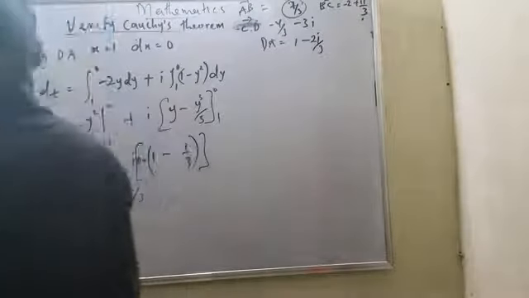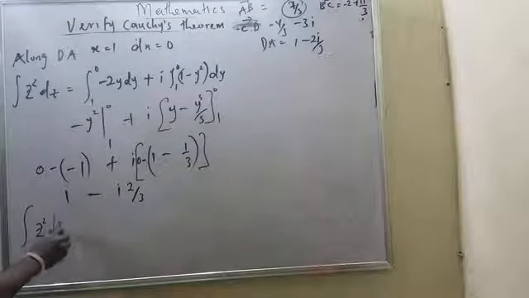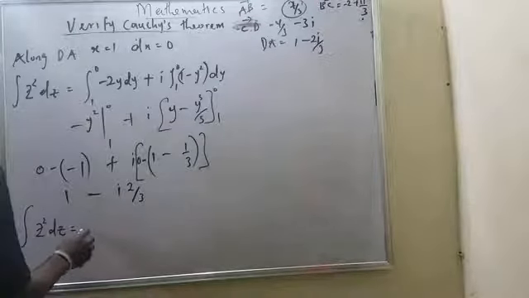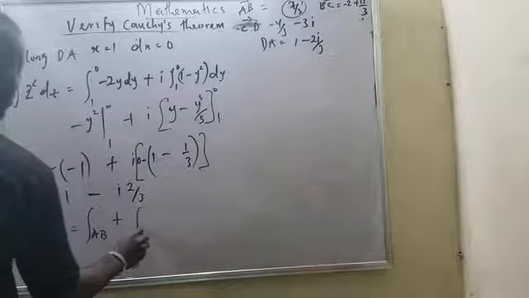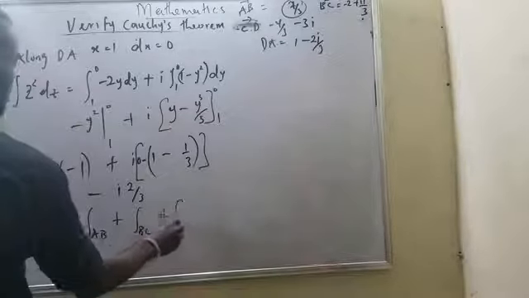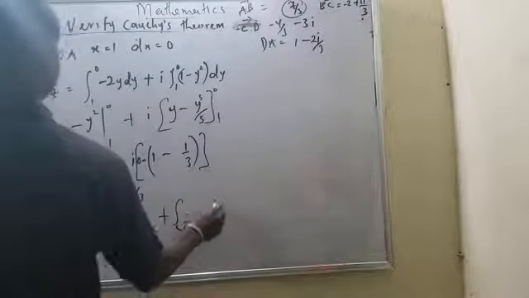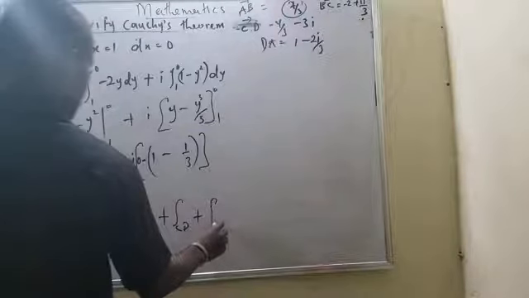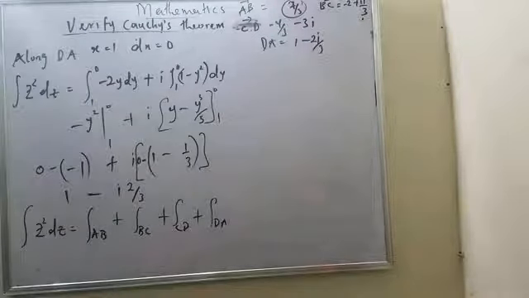Now I will continue by saying that my integral, that is my final integral of z squared, will be the integral of AB plus the integral of BC plus the integral of CD plus the integral of DA. Now that is all, and at this point I need to present all my answer.